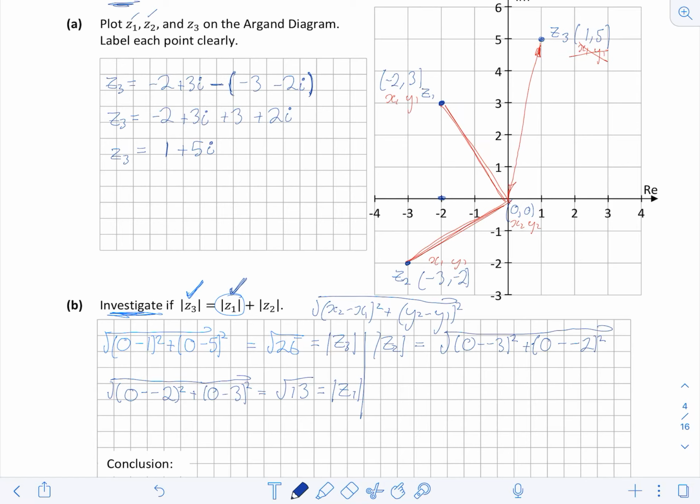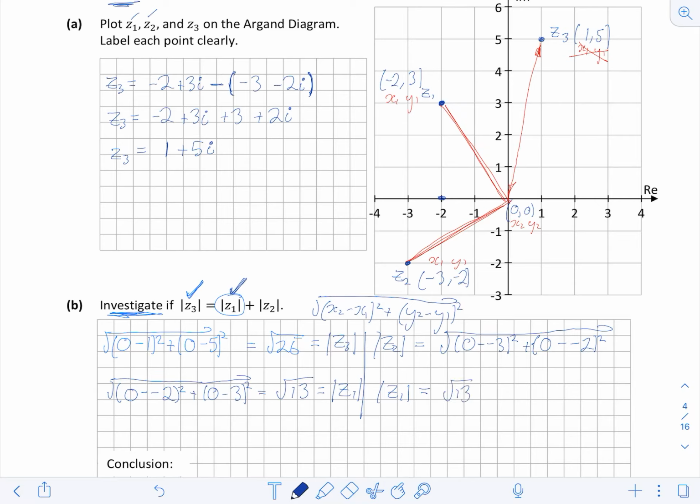The square root of all of that. So Z1 is equal to, I can do something interesting here. I can change the minus 3 into a 2, I can change the minus 2 into a 3. I need an extra minus. Sorry, I'm working on my calculator here. Yeah. So that's equal to the square root of 13 also.